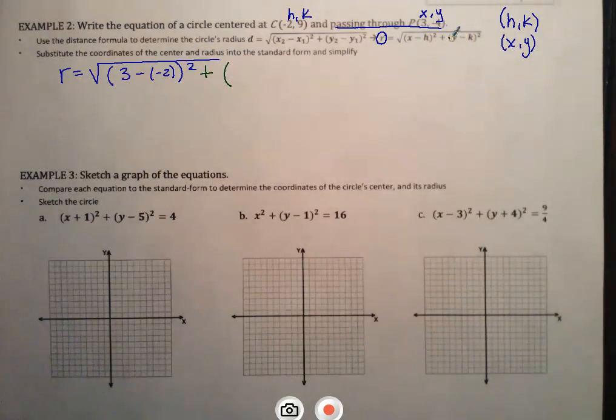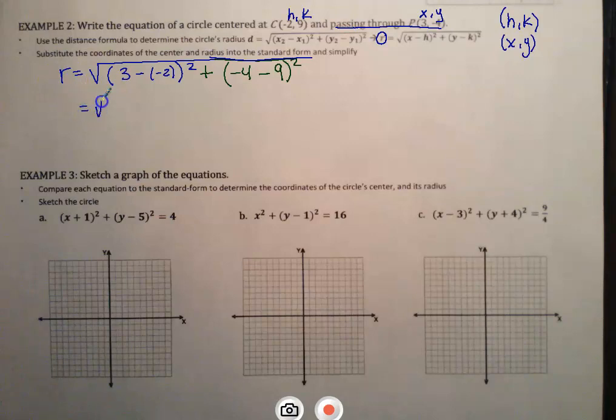So we need the y value, which is -4, minus our k value, which is 9, and that's squared. All right, let me extend out my radical because it goes that whole distance there. Okay, so there's our formula. We just plugged in the x and the y and the h and the k so we could solve for our radius. This is the variable we want.